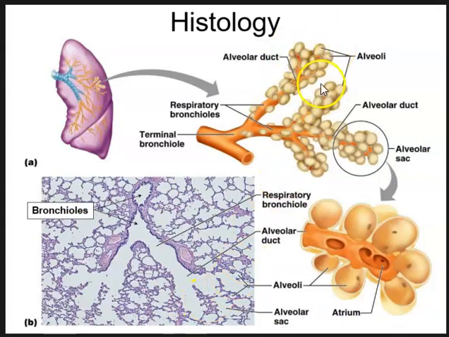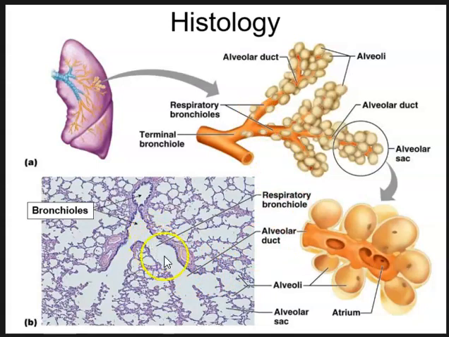Structures within the respiratory zone are microscopic, so these are structures that you'll only be able to see in histological preparations of lung tissue. Starting with our respiratory bronchioles, we can see this underneath a microscope.